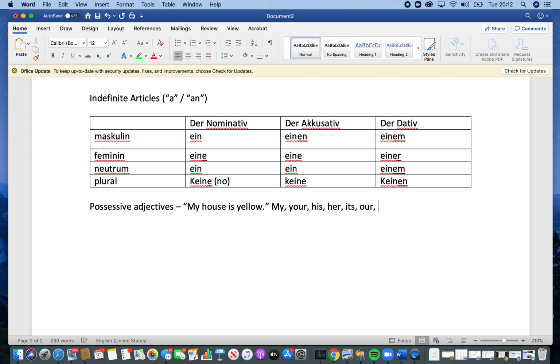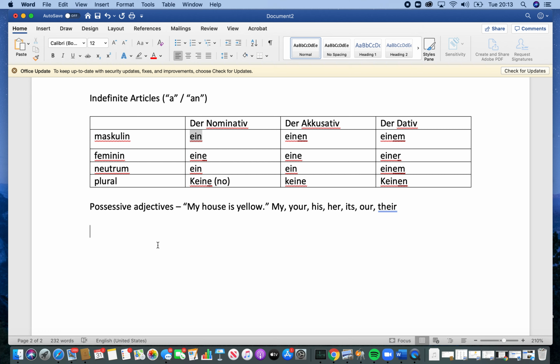Our, their. Yeah, and so on. I don't know if I'm forgetting any, but we have these in German and they follow this exact same pattern. So if we look at ein as kind of the base form here, I'll highlight that in a different color. We'll make it gray. It's our base. This doesn't have any add-ons yet. It's the game without the DLC.